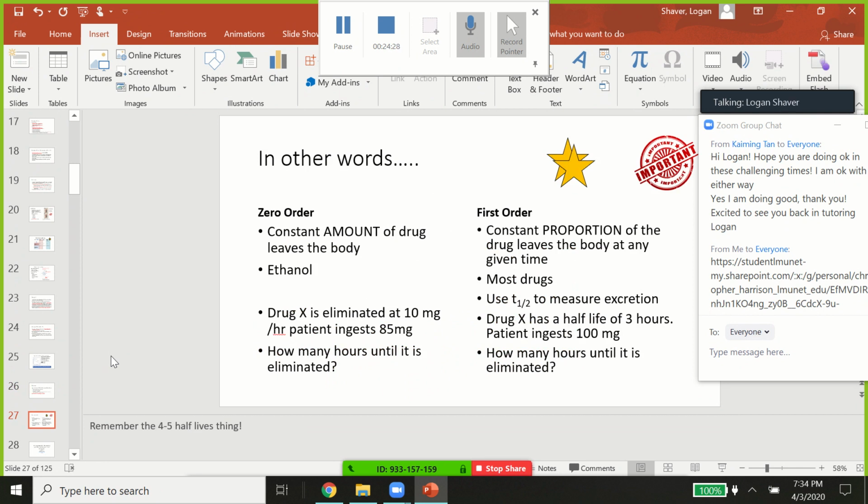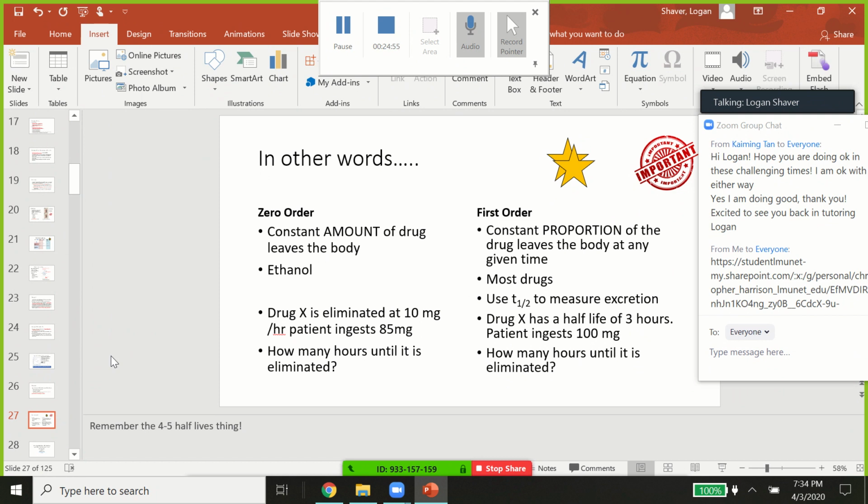This slide is super important: know the difference between zero order and first order. That will definitely be a question on there in some way, shape, or form. Zero order kinetics is where the drug leaves at a constant amount. For instance, 10 milligrams per hour, like the example says.